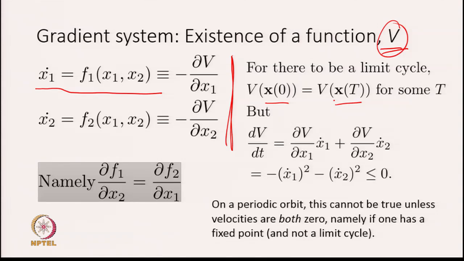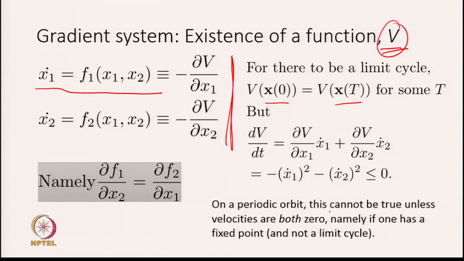But now let's look at the derivative of v as a function of time. Because of these relationships, dv by dt is this partial derivative over here times x1 dot plus this partial derivative times x2 dot, which is the same as x1 dot squared minus x2 dot squared, and this is negative definite.